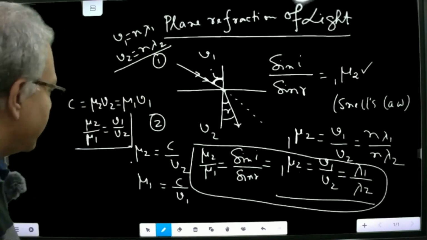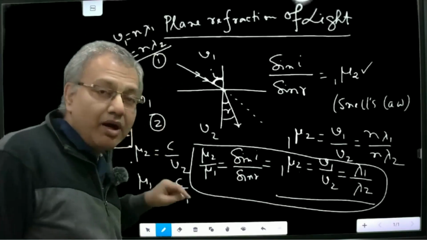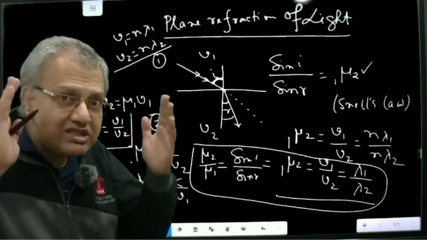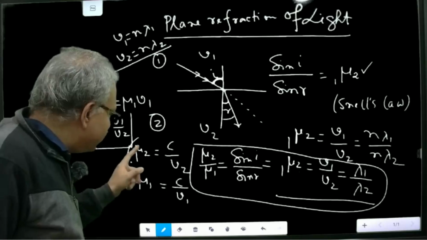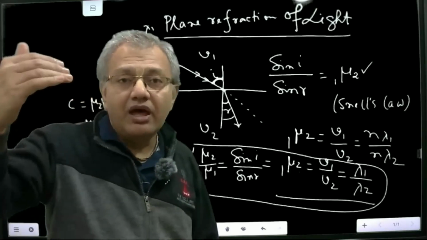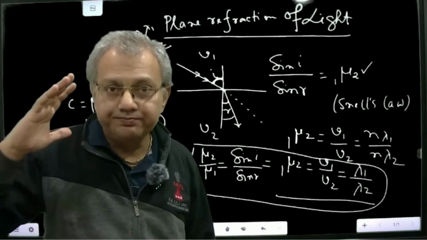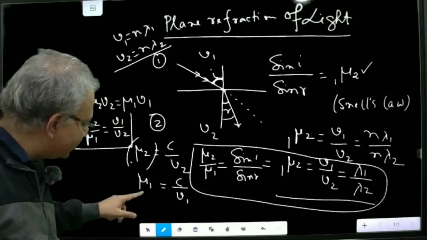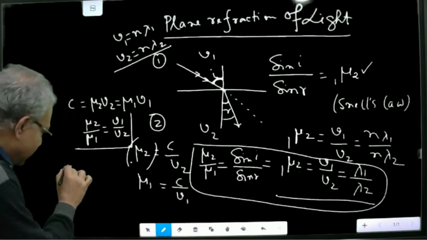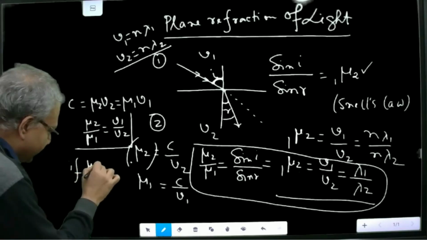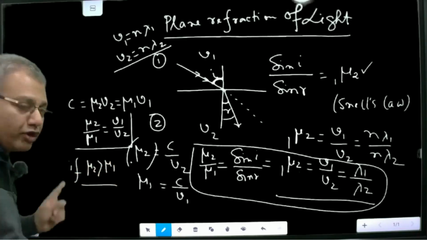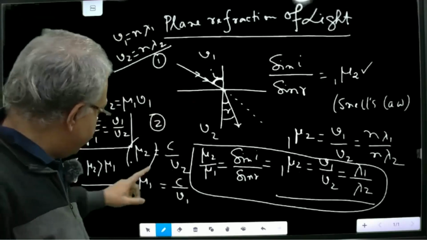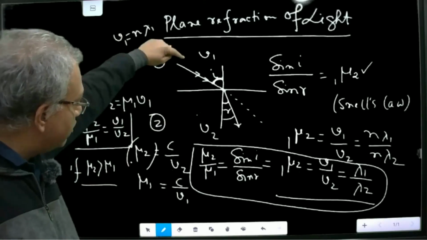Now see, we were discussing the absolute refractive index and the optical density. A medium which has a higher absolute refractive index, for example if mu2 is more than mu1, then the absolute refractive index of 2 is more than that of 1.